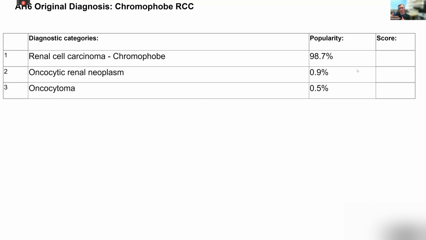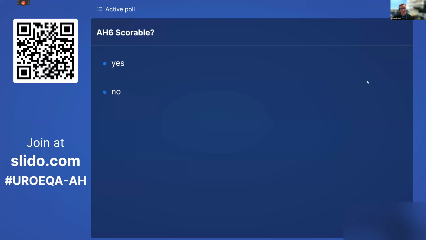So from a scoring point of view, chromophobe would score 1. Oncocytic renal neoplasm, again, the college prefer that for a biopsy diagnosis rather than a resection. So that would probably be 0, and the 3 would be 0, I would say. So is it scoreable? Looks as if it is.